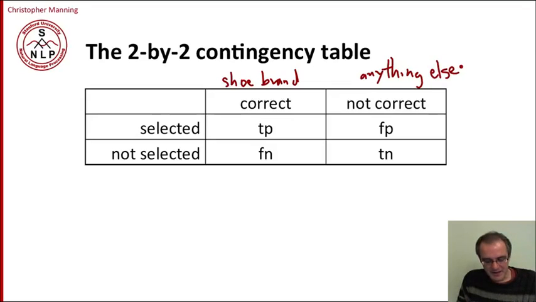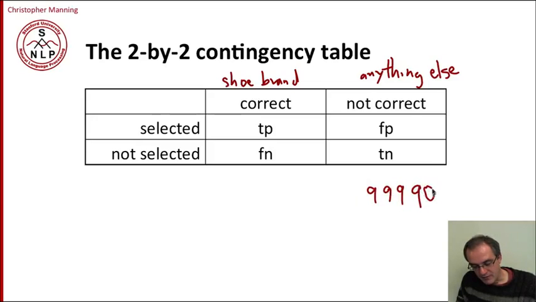And so what does that mean? What that is likely to mean is that perhaps in total, let's say there are 10 mentions of a shoe brand in a 100,000 word sample and 99,990 words that are not shoe brands.